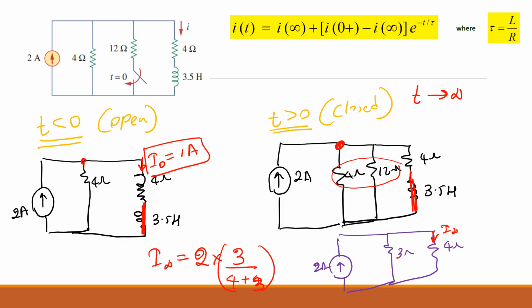2 times 3 divided by 7 is 0.86. Okay, so I infinity is 0.86, and I naught is 1 amp. Any question up to here?